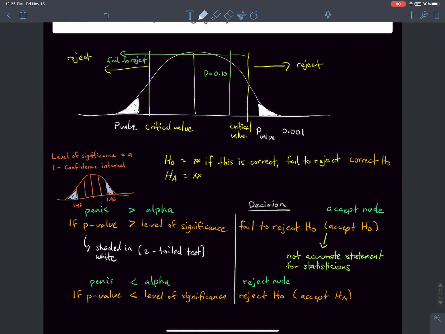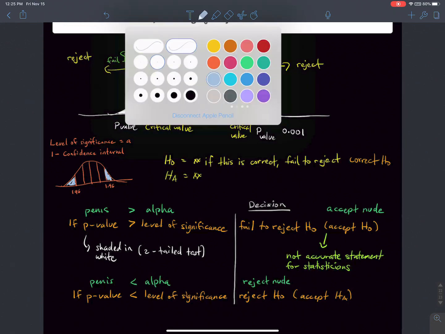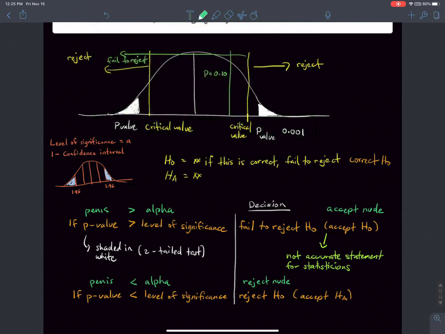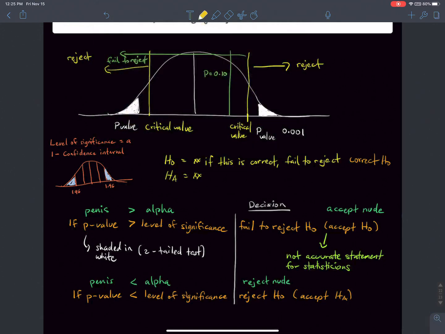Right? Okay, alpha is this area here. Correct?